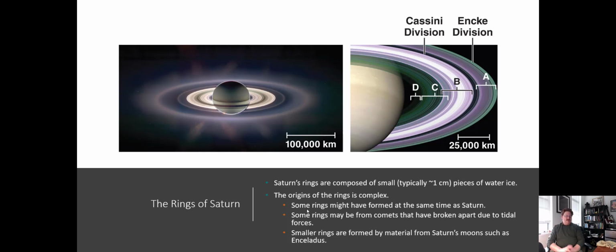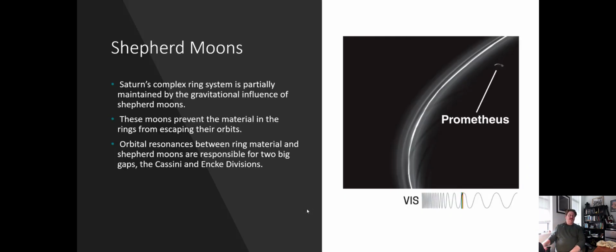It's not like a record player, a solid disc with grooves in it. Actually, the disc of Saturn is made up of thousands of very thin loops or rings. Like you see here, and that's because these are held together gravitationally via these shepherd moons.